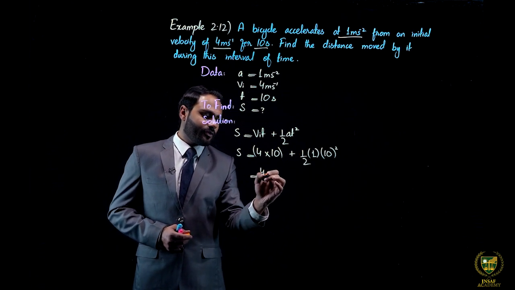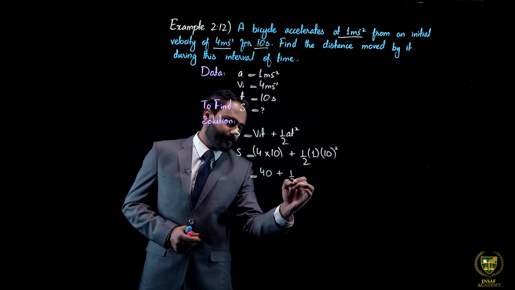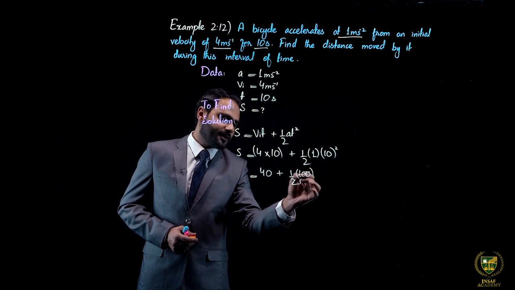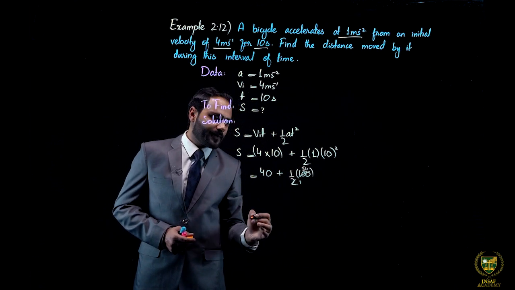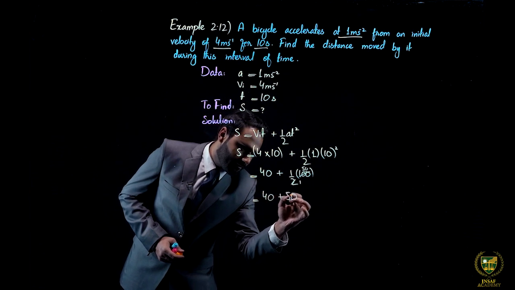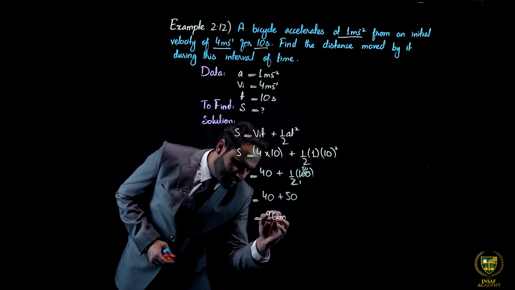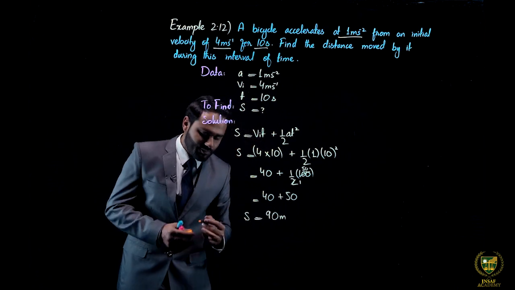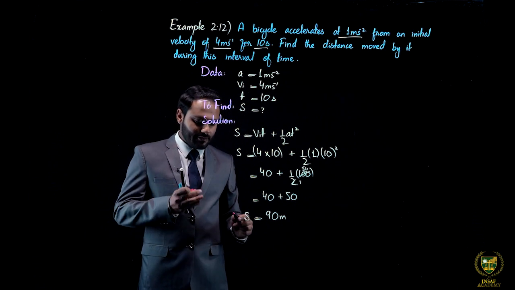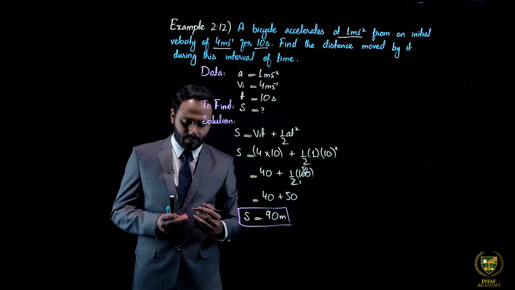So 4 into 10 is 40 plus 1 by 2 into 100, which is 50. 40 plus 50 becomes 90 meter. So the distance moved by the bicycle is 90 meter in 10 seconds. Clear?